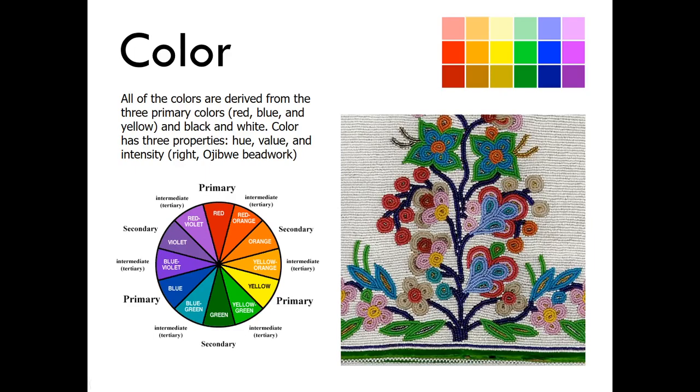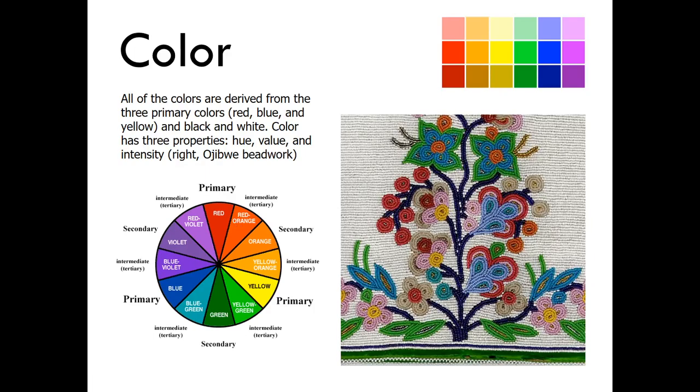Some animals don't even see color because it doesn't really help them, or they see limited colors. You've got your primary colors, your secondary colors, in-betweens that you mix, and tertiary colors, which are even more in between, say red and orange mixed together makes red-orange.